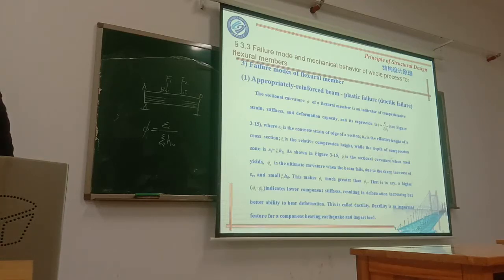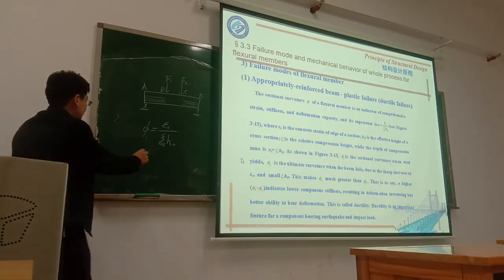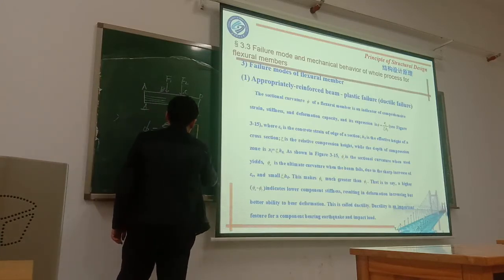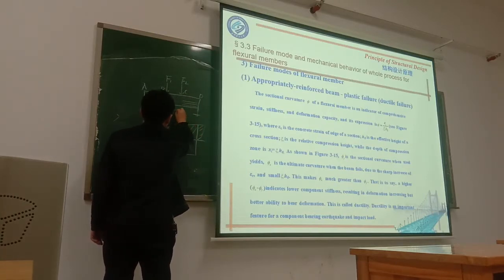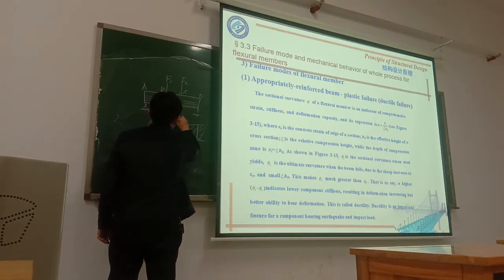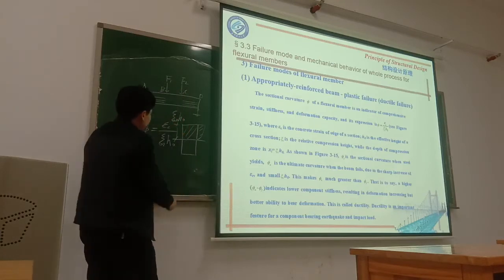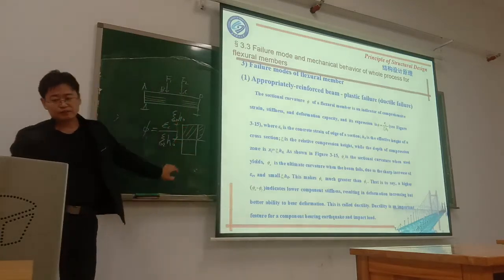The depth of the compression zone is kc multiplied by h0. So this distance, they use kc h0, the compression height.